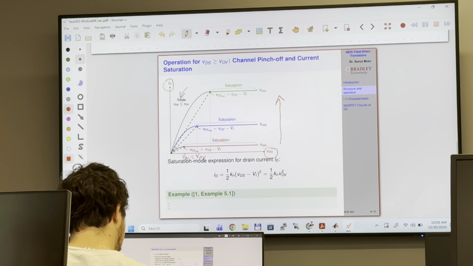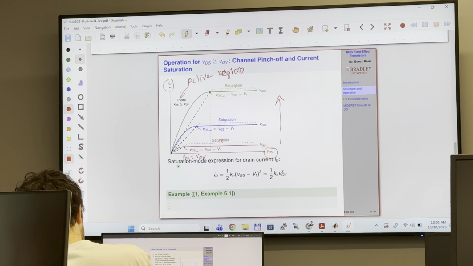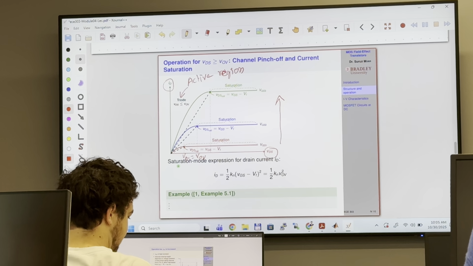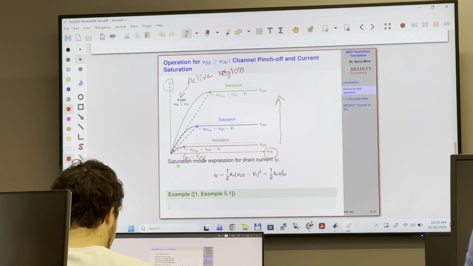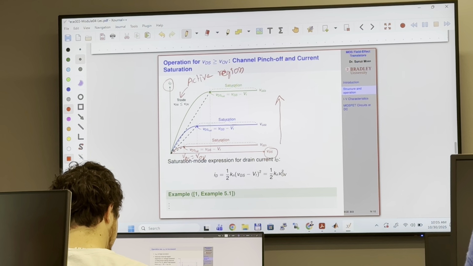The technical term is triode region or active region. So up to a certain VDS, your voltage-current relationship is going to be linear, but after a certain VDS, it will not be linear, current will be saturated. Current will be constant.